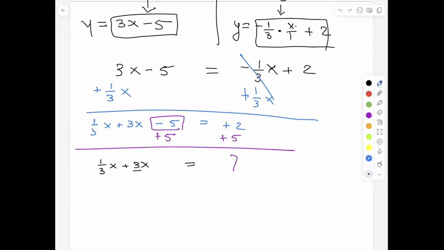So I have 1/3 x plus 3x. What do you think I've got to do here? Nobody? 1/3 x plus 3x, and this is 3 over 1.